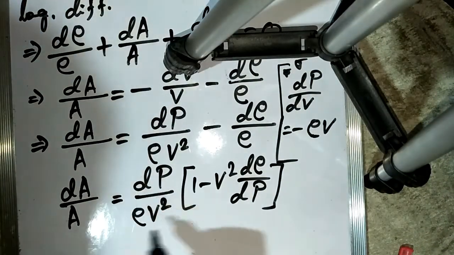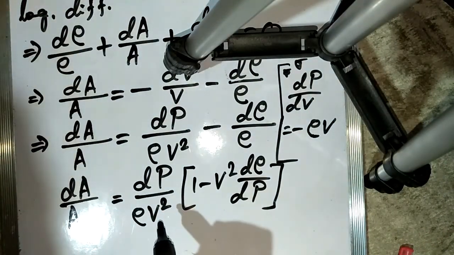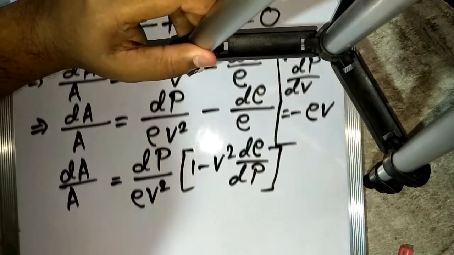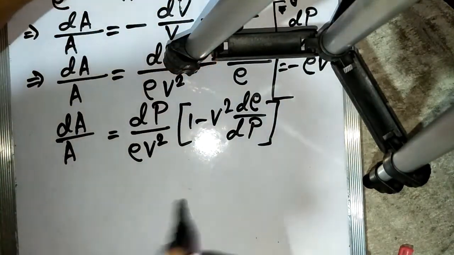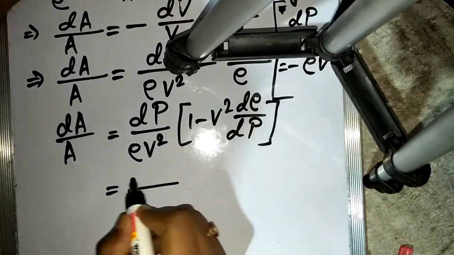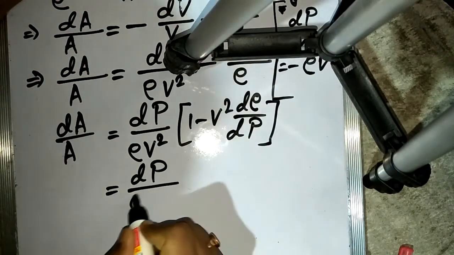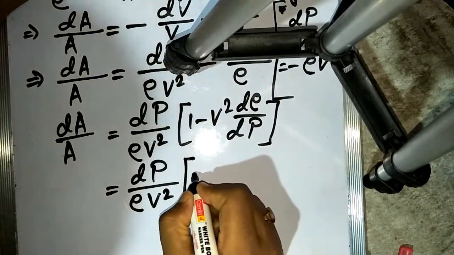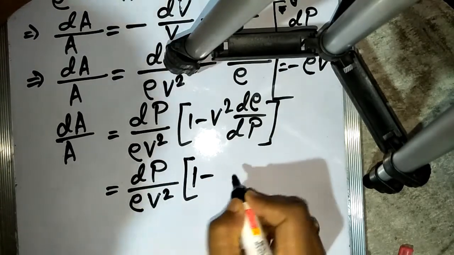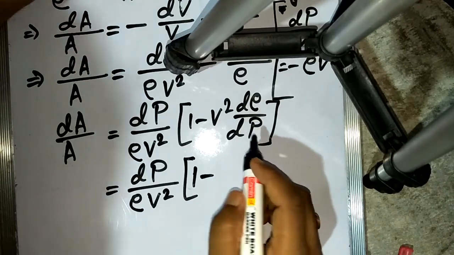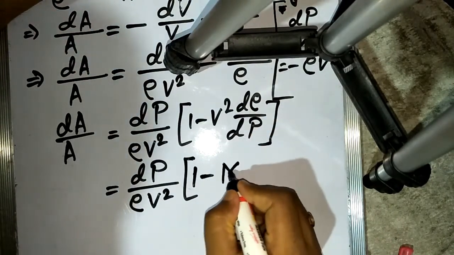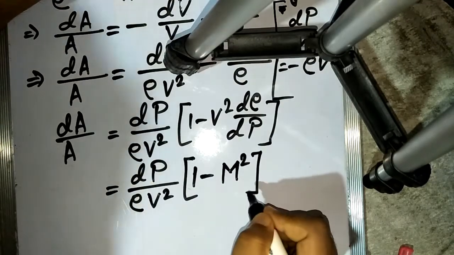This is the equation that comes, and also we can write that the value of V square into d rho by dP is M square, the Mach square.